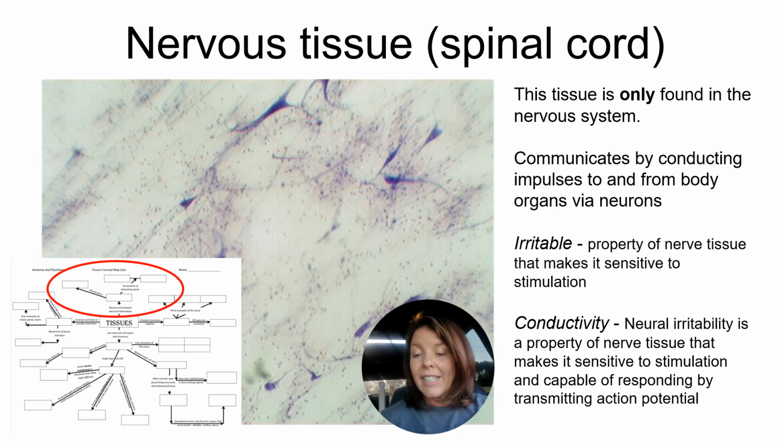It's sensitive to stimulation. The second feature of this tissue is that it allows for conductivity. It is allowed to have these impulses that will travel across the tissue and the neuron to send a signal of communication.